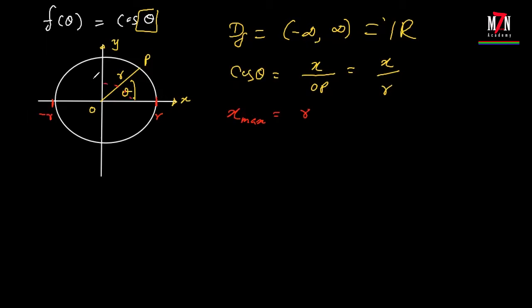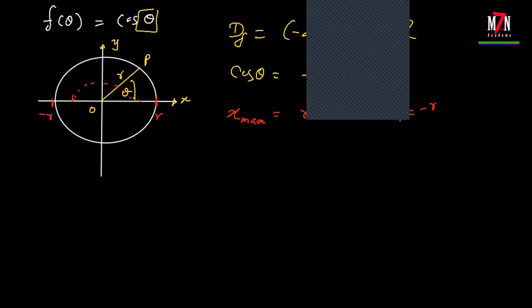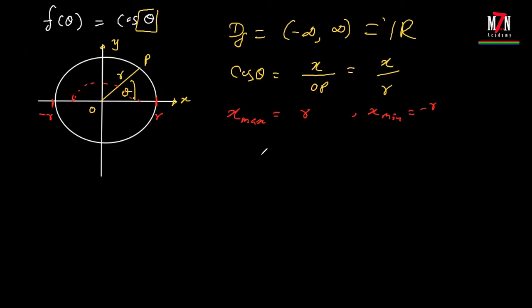When theta is 180, that will be the minimum, and when theta equals 0, that will be the maximum. Here you have minus r. So therefore the x value is between minus r and plus r. Now divide all the terms by r.